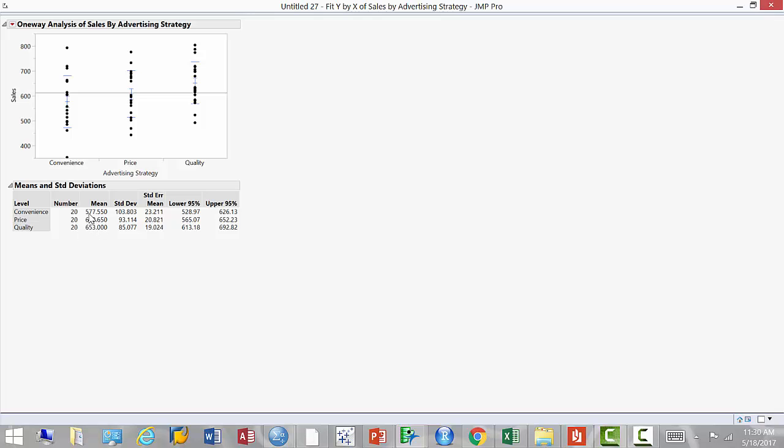So I'd say that between the two extremes, convenience and quality, there was an 80 item gain, right? On average, I gained 80 cans extra, but is that a big enough difference for us to claim that yes, it is big, and it is significantly different? I don't know. So let's run the actual test.